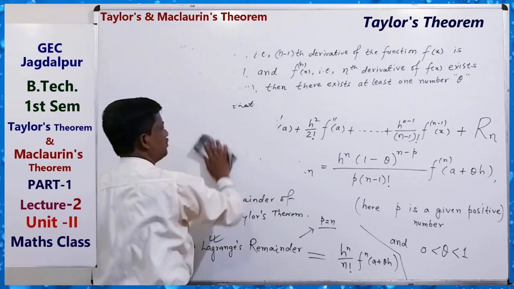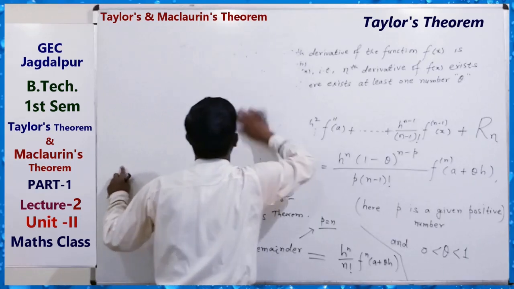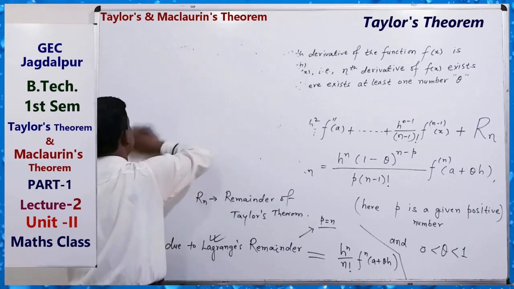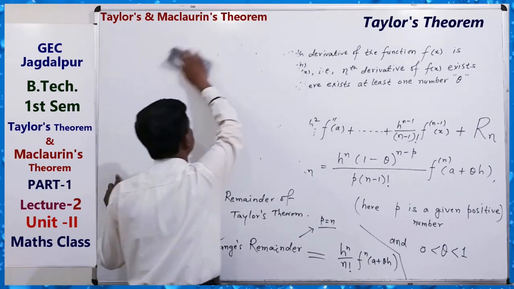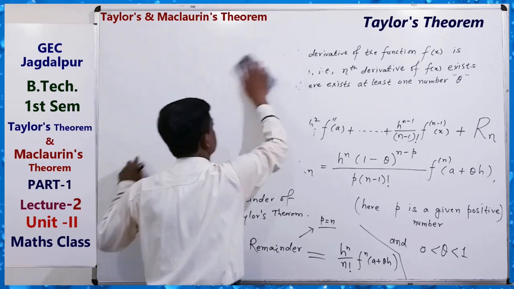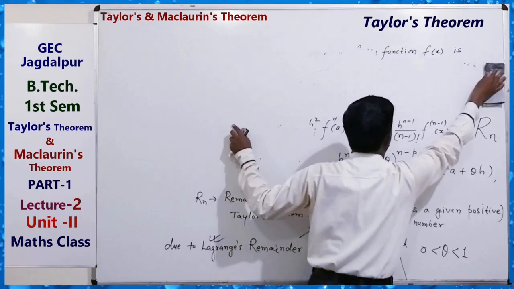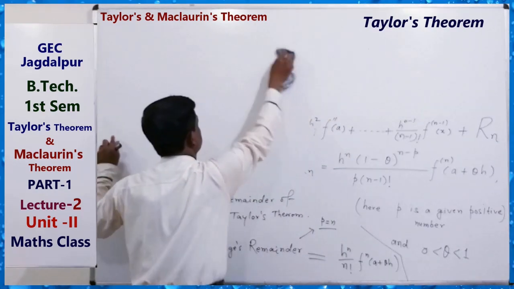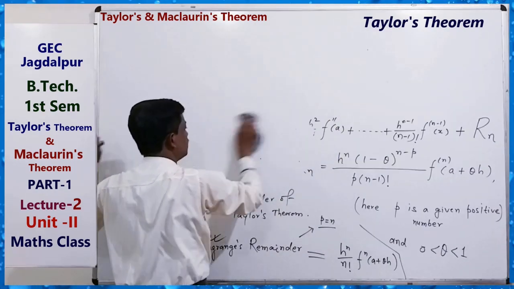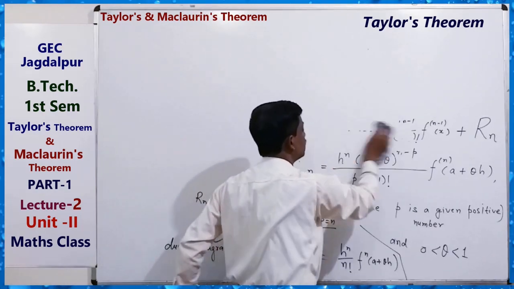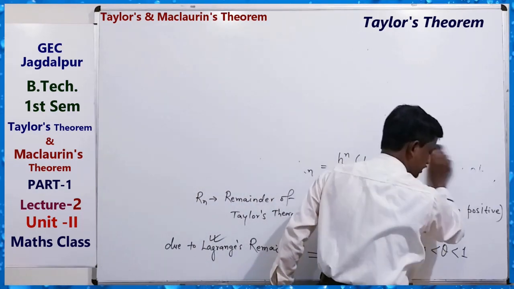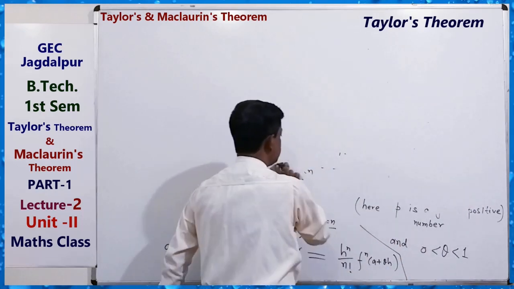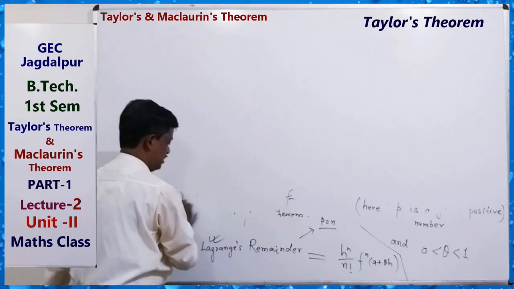The proof is simple. We write terms up to nth term. Here it is given that the n minus 1th derivative is continuous.